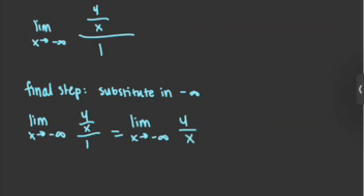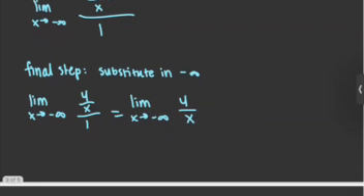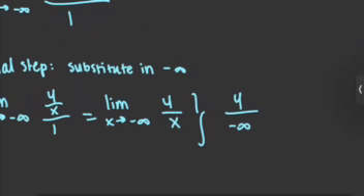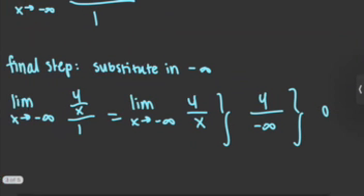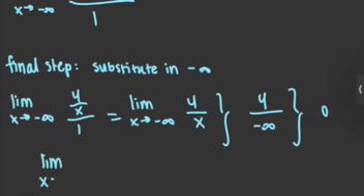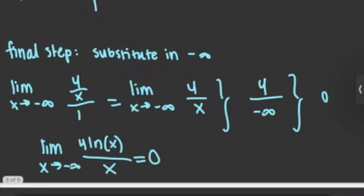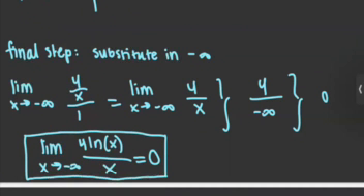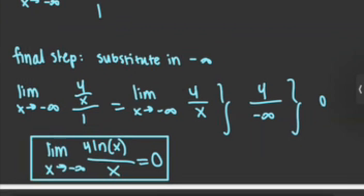A quick step to help us could be simplifying slightly so that we are left with 4 over x. After getting this answer, we have 4 over negative infinity. Because the denominator term is going to get infinitely bigger, we know that our answer will be 0. So now we're just going to write out our final value.